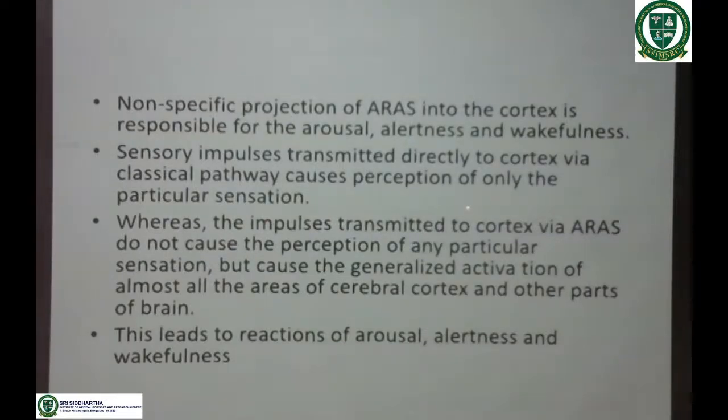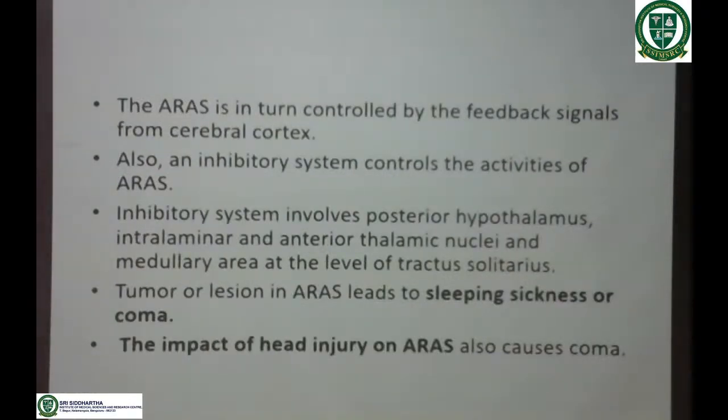Whereas the impulses transmitted to the cortex via the ARAS do not cause perception of any particular sensation, but cause a generalized activation of almost all areas of the cerebral cortex and other parts of the brain. This leads to the reactions of arousal, alertness and wakefulness, which is a function of the ARAS.